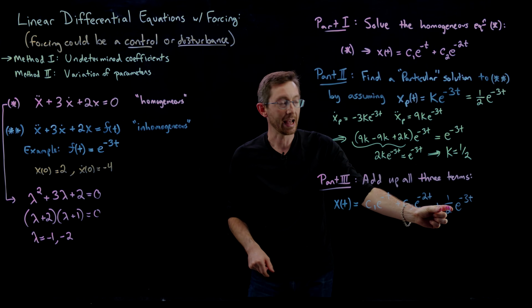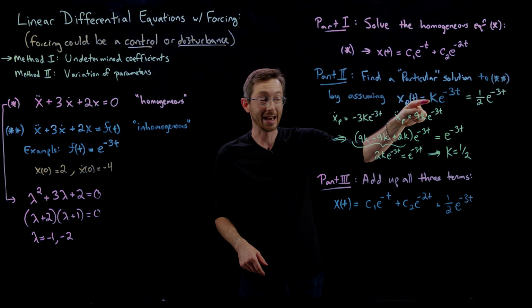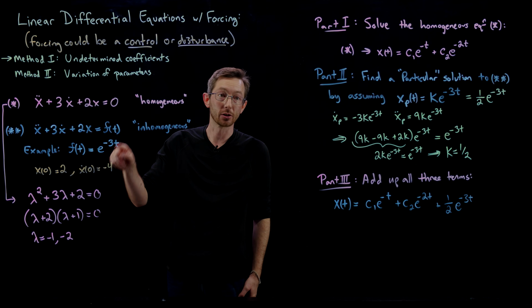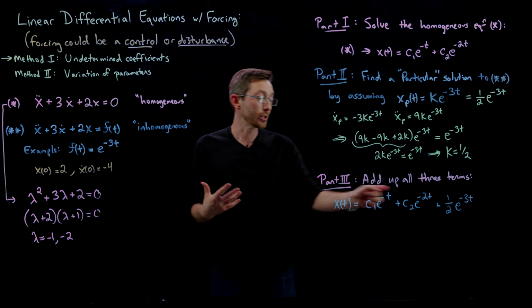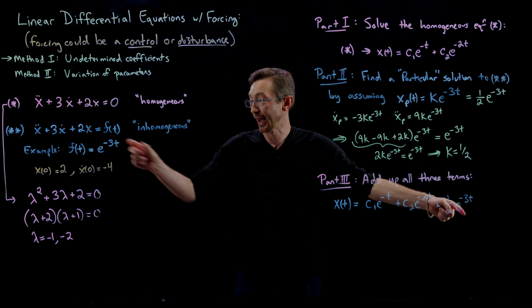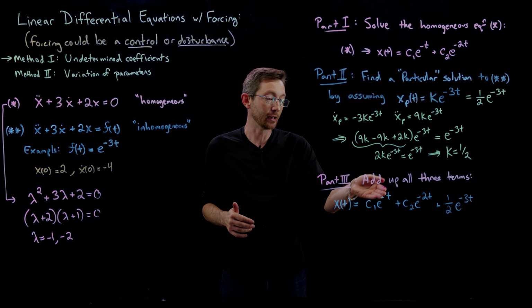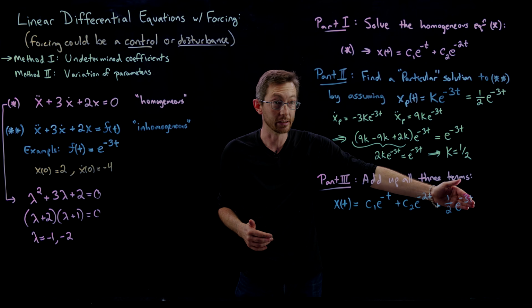And notice that this doesn't have just an arbitrary constant out in front of it. We determined this k constant has to be 1/2 to satisfy this exact forcing term e to the minus 3t, this inhomogeneous forcing term. So every solution has to have this term in it to add up to equal f. And then that solution can have any constant times e to the minus t plus any other constant times e to the minus 2t, and this is definitely a solution.